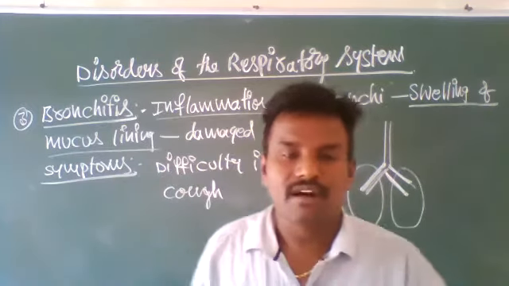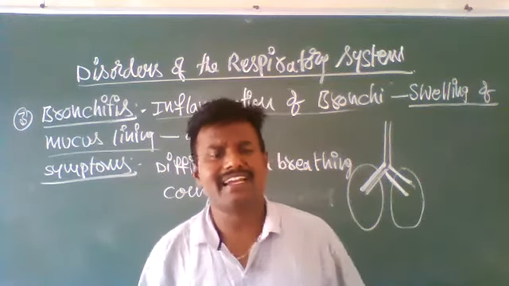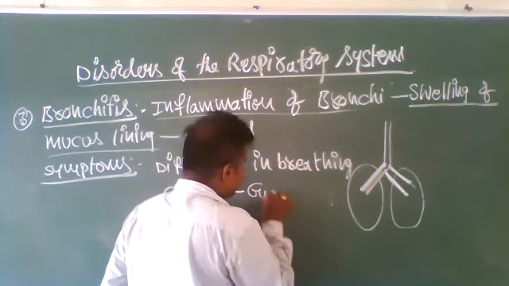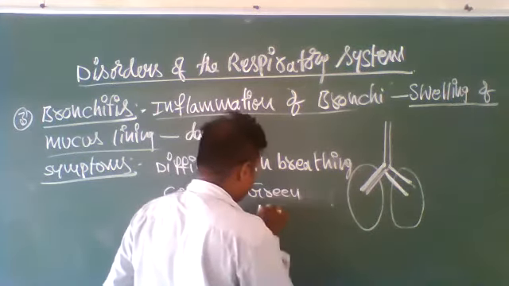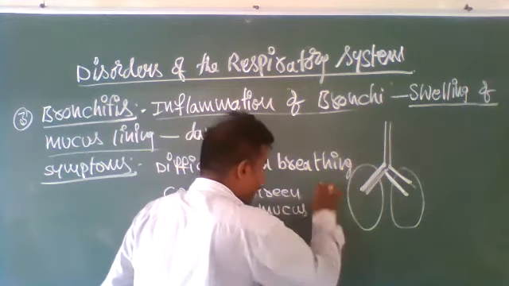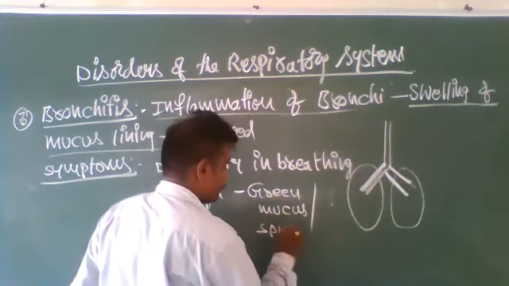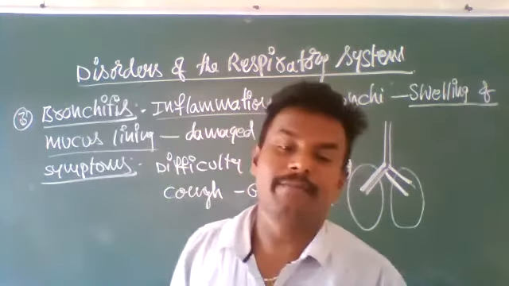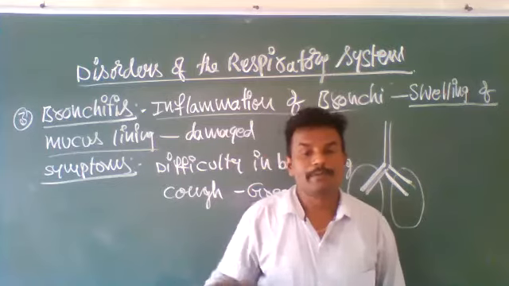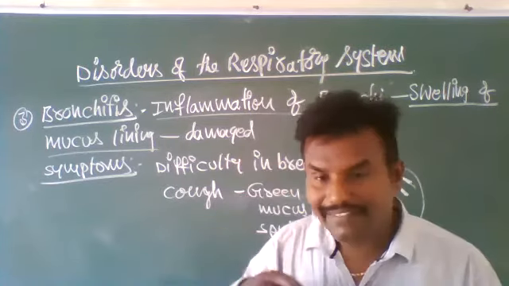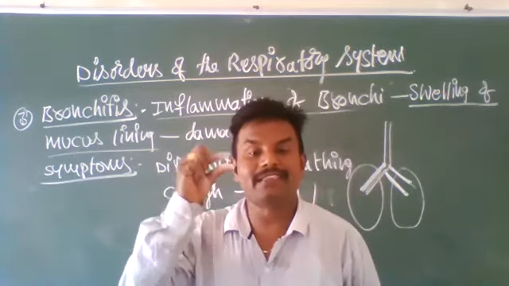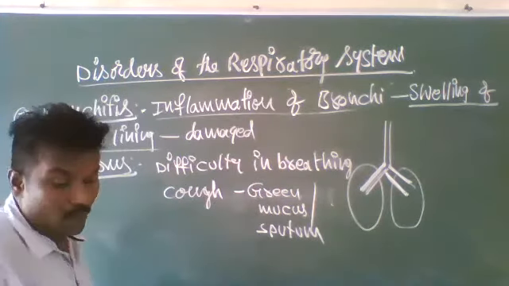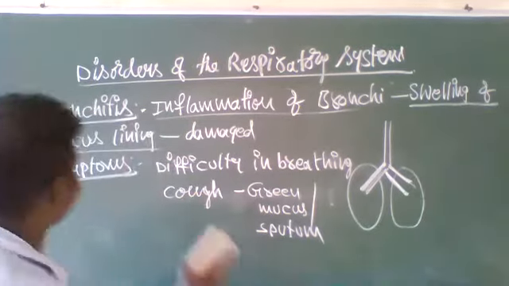Lifelong they will cough and they will release green thread-like mucus, often green mucus or sputum. If you observe at home, any grandmother or grandfather, old people often cough and spit out sputum, green thread mucus. So those are the symptoms of bronchitis disorder.